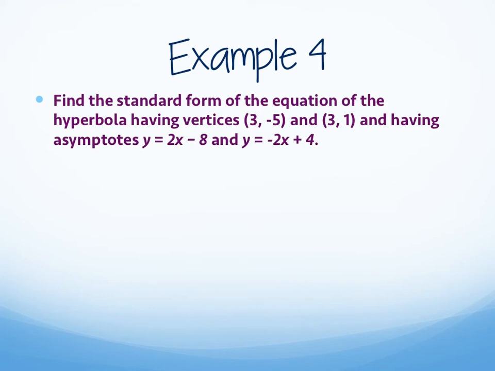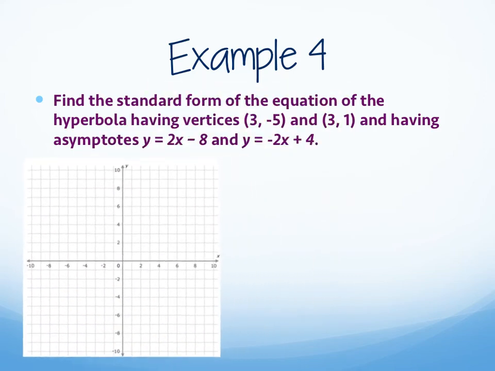Okay, here it says find the standard form of the equation of the hyperbola having the vertices (3, -5) and (3, 1), having asymptotes y equals 2x minus 8 and y equals -2x plus 4. So again, I'll graph it. (3, -5) and (3, 1).